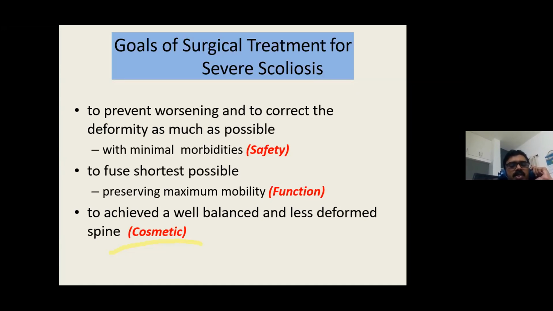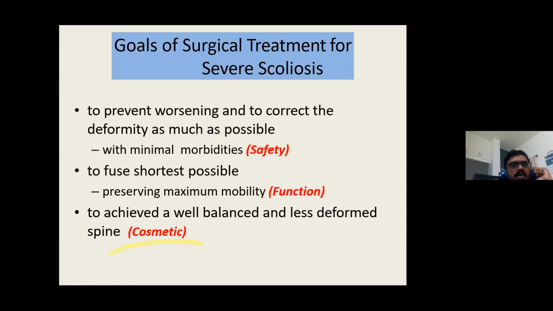So all these words are important in the goals of surgical treatment. First thing is to prevent worsening. Second is to fuse as short as possible. Third only comes the cosmetic part. And in the cosmetic part, the most important term that I would like to highlight is a balanced spine. So your aim is not to make the X-ray look superb.